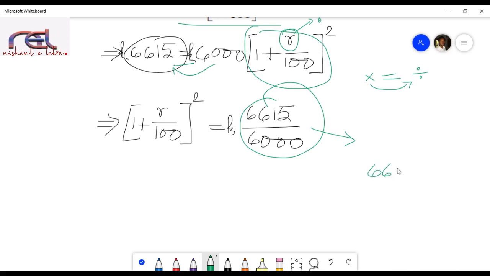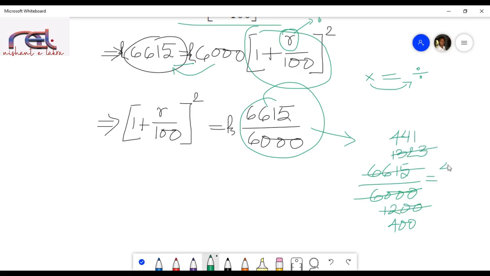And now when we simplify this fraction 6615 by 6,000, I will just show you on the right side of your screen. Here we get it as 441 by 400. Now these are perfect squares, right? So we will stop till the time we get perfect squares.